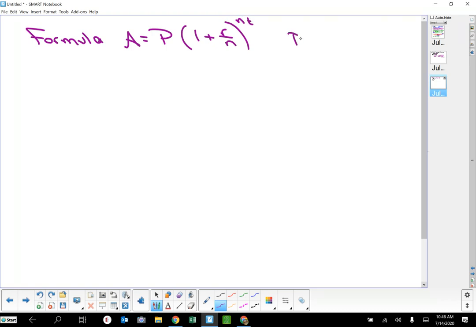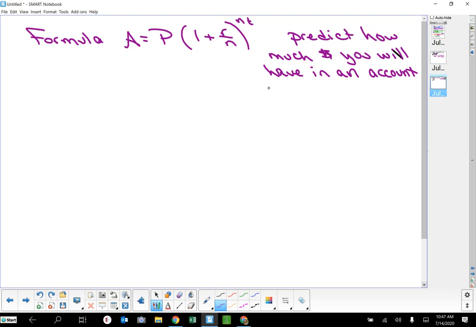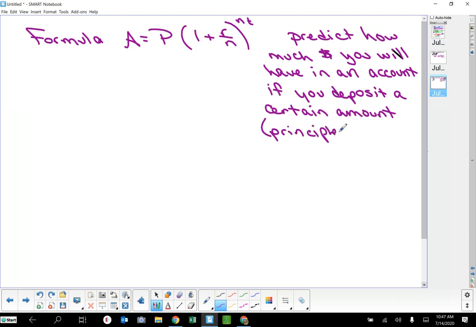And this will predict how much money you will have in an account if you deposit a certain amount, called your principal, for a certain length of time at a specific interest rate.